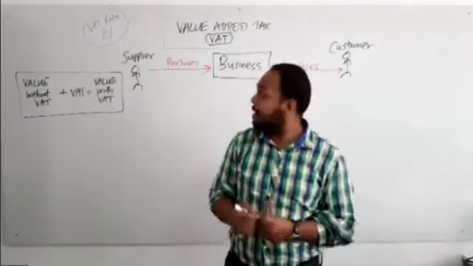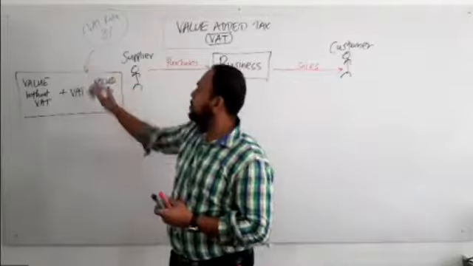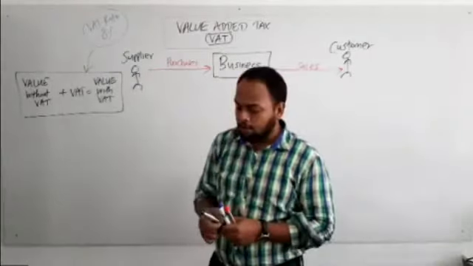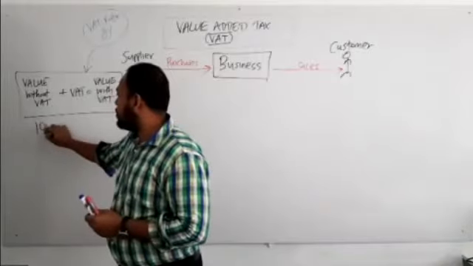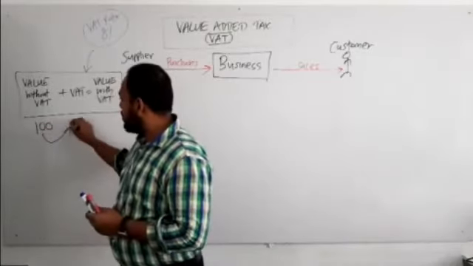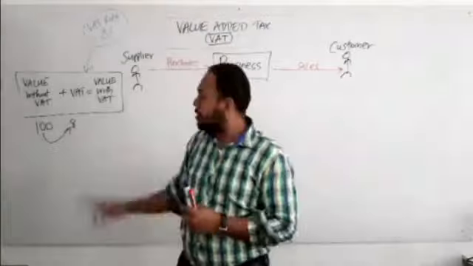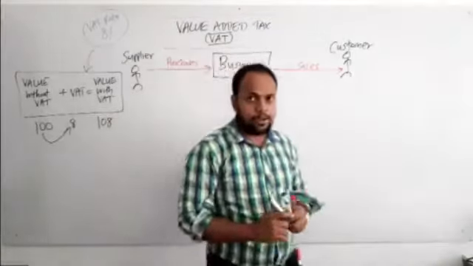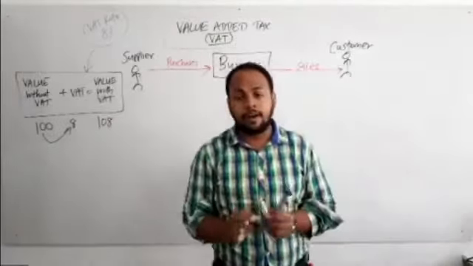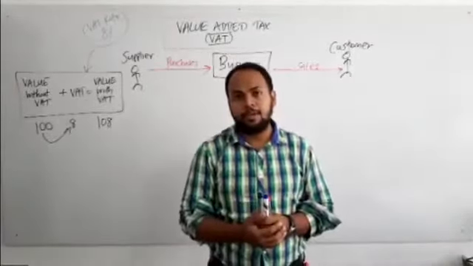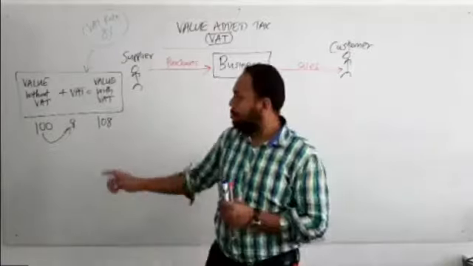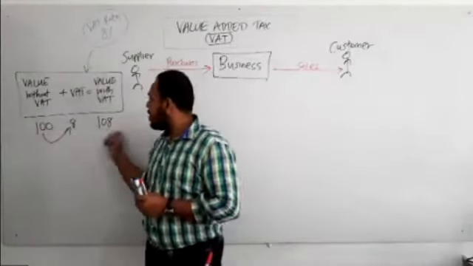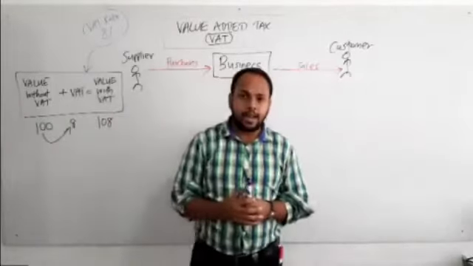So if the VAT rate is 8%, value without VAT is 100. From this, VAT is 8. Then value with VAT is 108. We calculate 8% from the value without VAT.